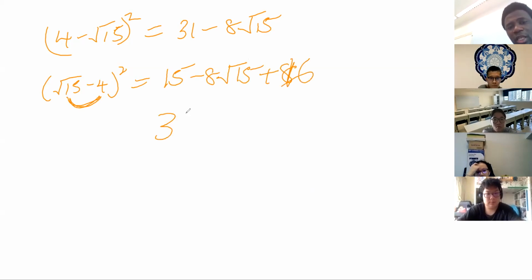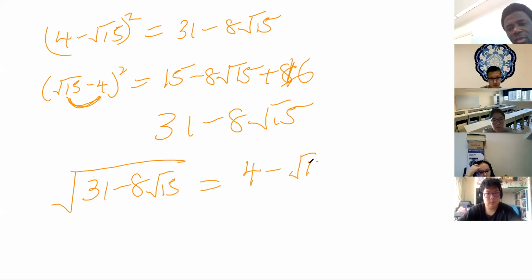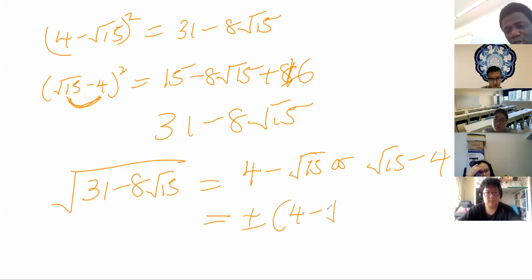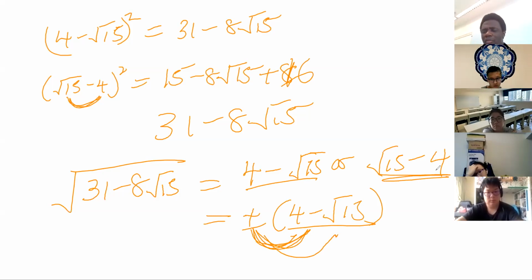You see, we're still going to get our 31 minus 8 root 15 back, which means the square root of 31 minus 8 root 15 is actually 4 minus root 15, or root 15 minus 4, which is more or less plus or minus 4 minus root 15. Plus 4 minus root 15 is this. Minus 4 minus root 15 is minus 4 plus root 15, which is this one. Please confirm if you understand what I just said. Yes, understood. All right.